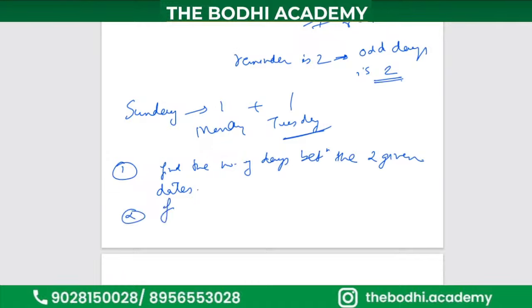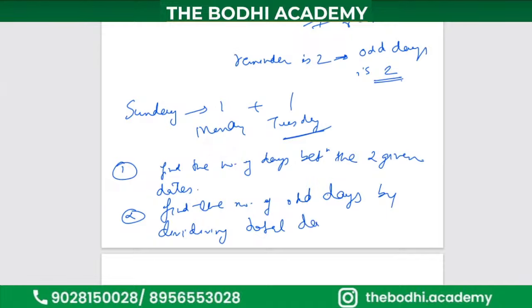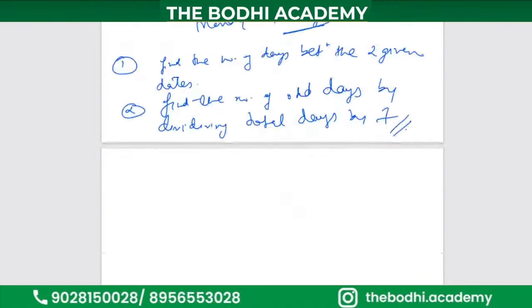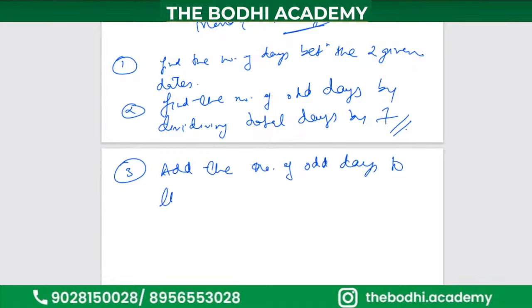Second step: find the number of odd days by dividing the total days by 7. Then add the number of odd days to the given day in the question.